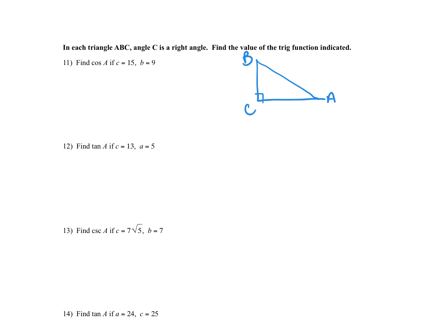So we're given little c goes across from big C, so that's 15, and little b goes across from the big B, which is 9 here. And so they want us to find the cosine of A. In this case, cosine of A is adjacent over hypotenuse. So that would be 9 over 15. We do not have to find the third side on that one. So it's 3/5 when you reduce that.